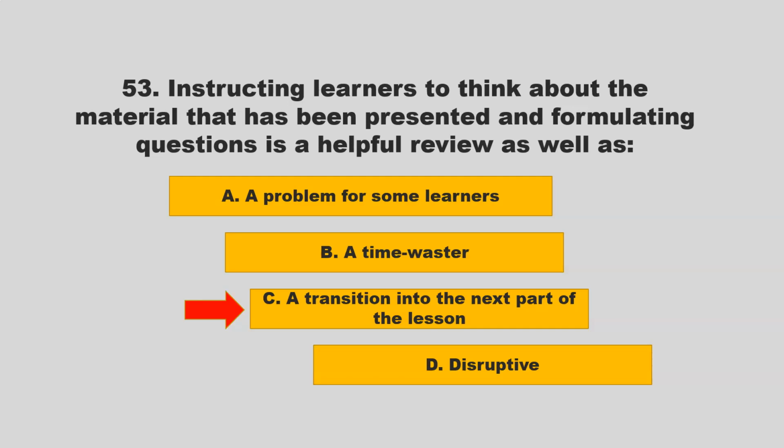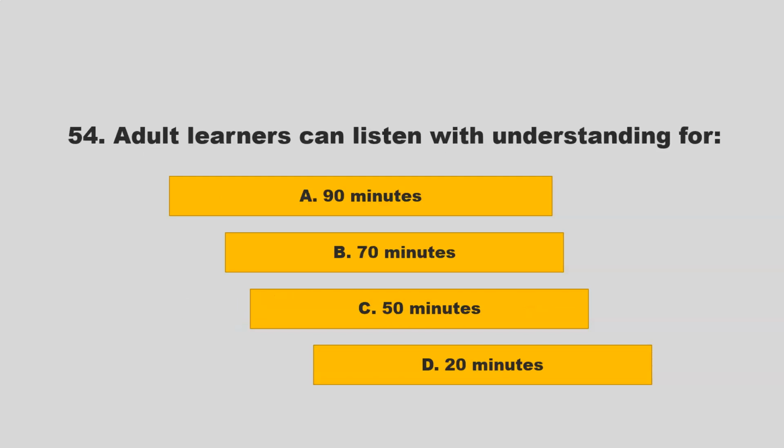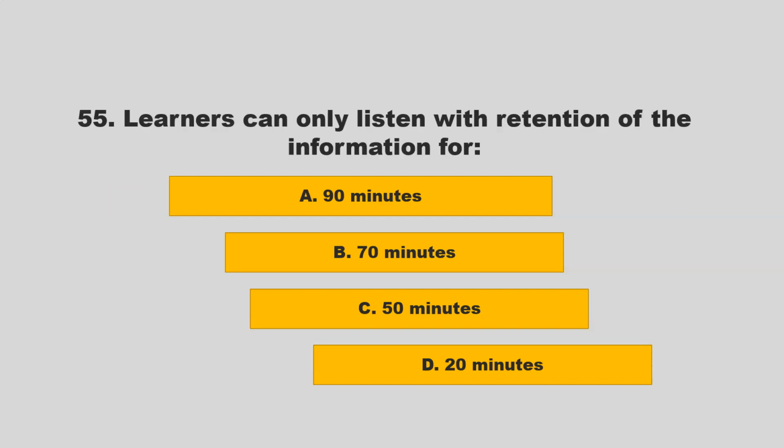If you chose C, a transition into the next part of the lesson, you are correct. Adult learners can listen with understanding for 90 minutes, 70 minutes, 50 minutes, 20 minutes. If you chose A, 90 minutes, you are correct.